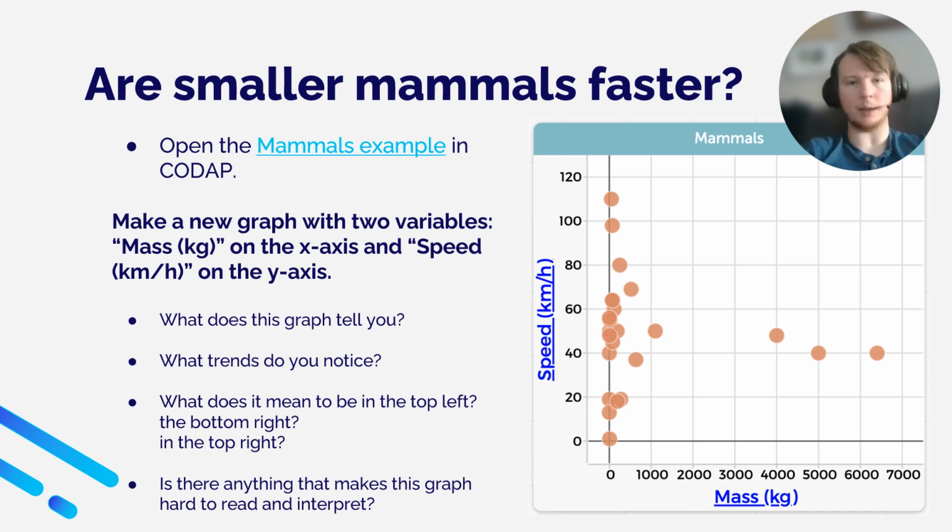One notable thing about this graph is that while there is somewhat of a relationship between mass and speed, it's really hard to see because we have three very large mammals that are forcing the x-axis to be very compressed, I would say, especially towards the lower end of the scale, because these three mammals are so much larger than so many of the other mammals that they make it really hard to parse out how big the smaller mammals are. So students might notice that and refer to those as outliers that make the graph difficult to read and difficult to interpret.